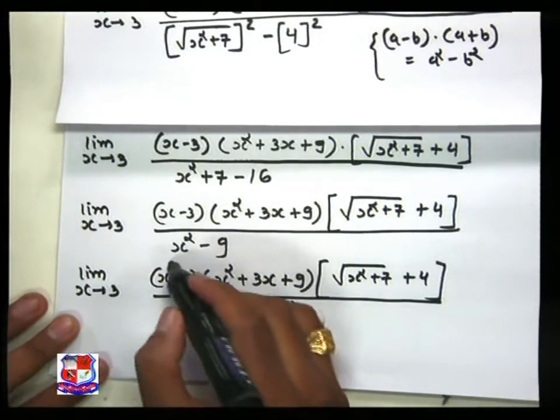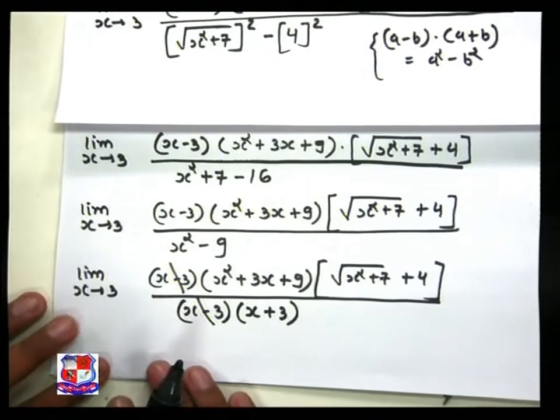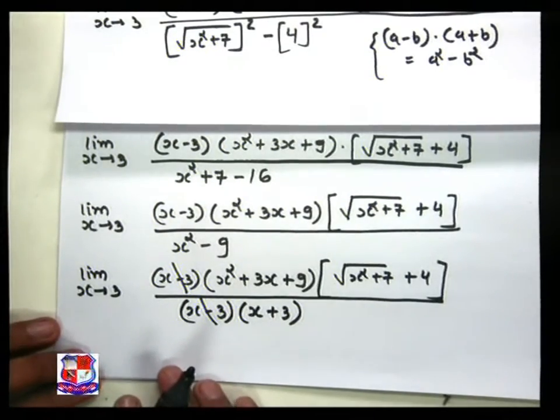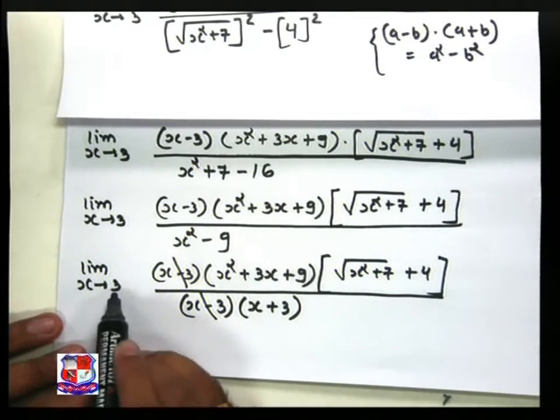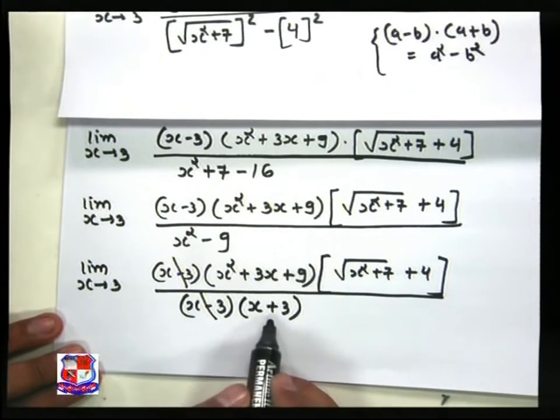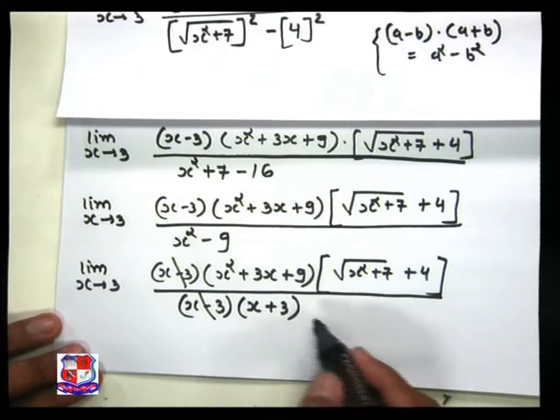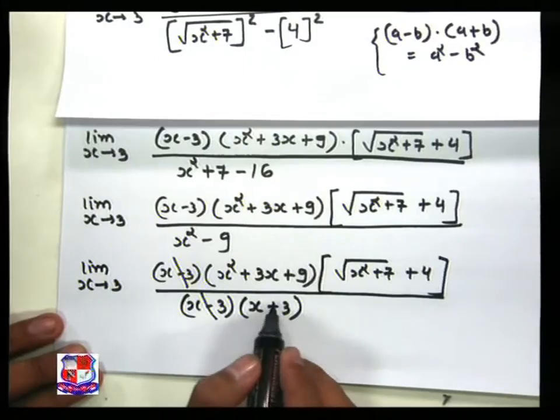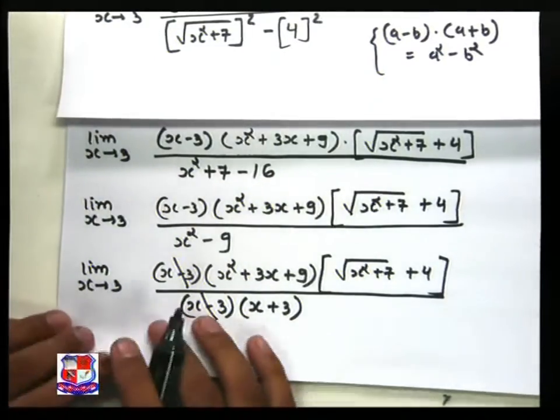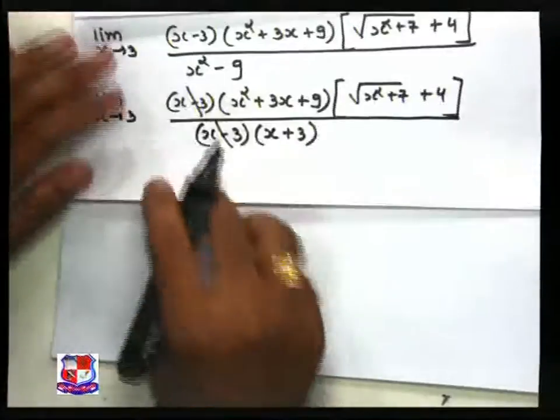Now we can directly remove this x minus 3 term, because both are common in numerator and denominator. Now if we replace the limit, then check our denominator. So here 3 plus 3, no any value, that is not 0, so we can now easily replace the limit for this sum.